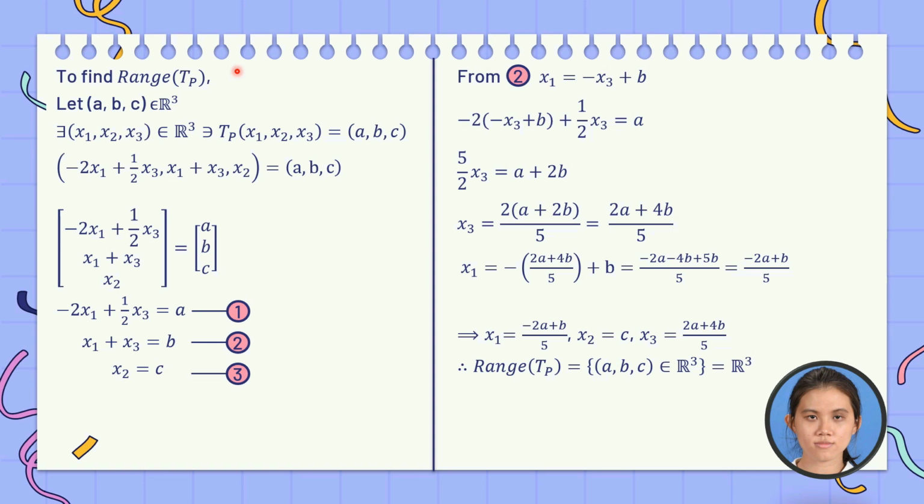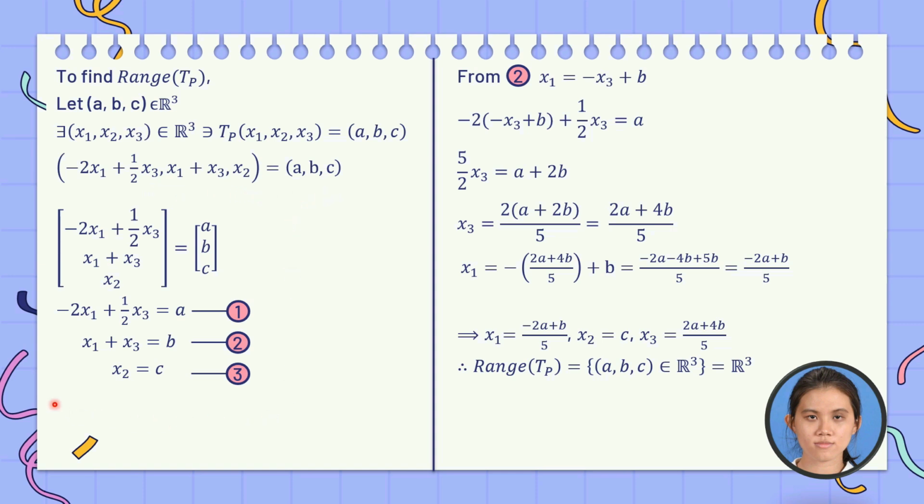Lastly, we need to find the range of TP by letting a, b, c be an element of R cubed, where there exist x1, x2, x3 in R cubed such that TP equals a, b, c. Then we substitute the TP into the formula and create an equation in which negative 2x1 plus 1 over 2x3, x1 plus x3, x2 equals a, b, c.